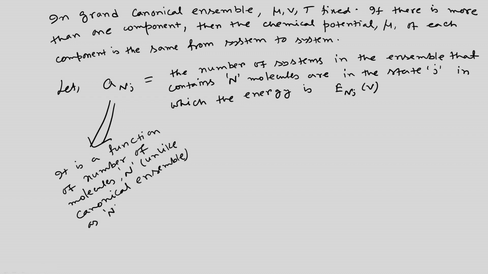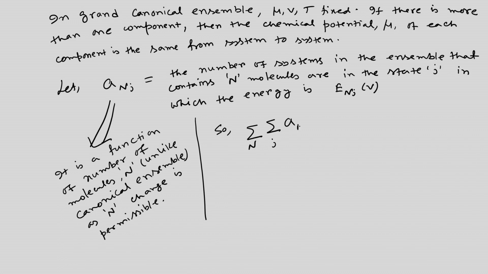As n changes, that is, as the number of molecules changes, it is permissible. So, we can write sum over n, sum over j, A n j is A, where A is the total number of systems in the ensemble.